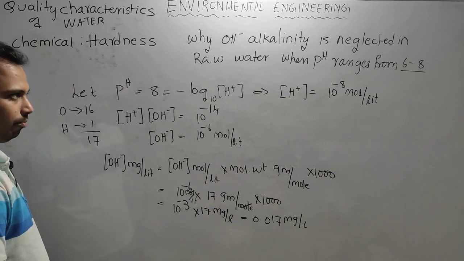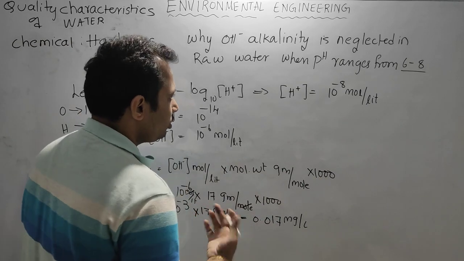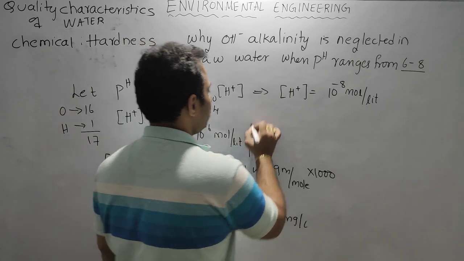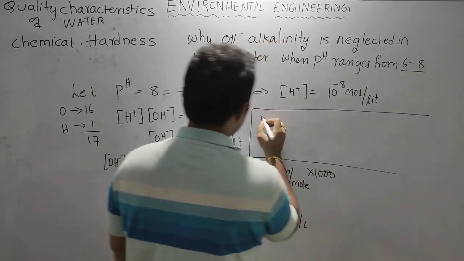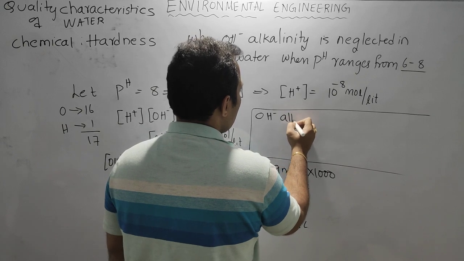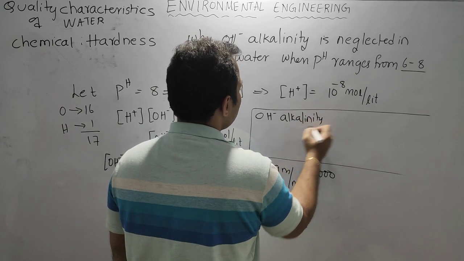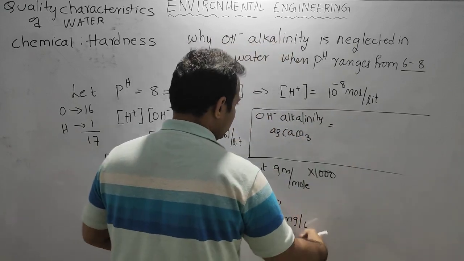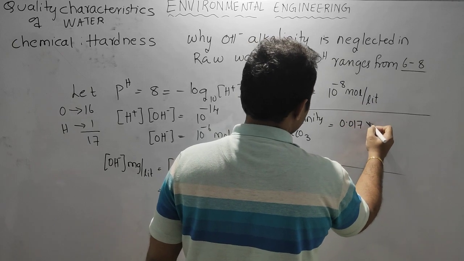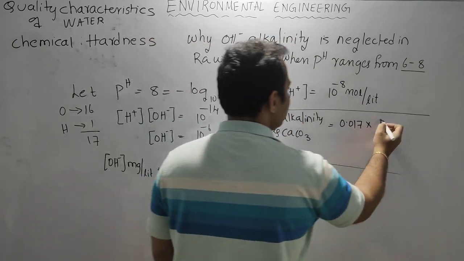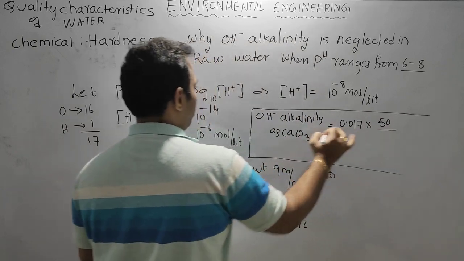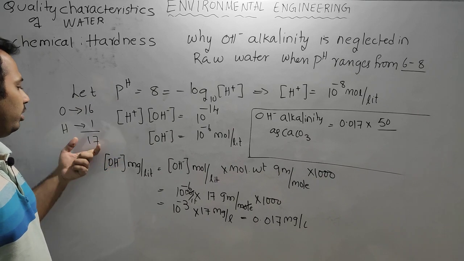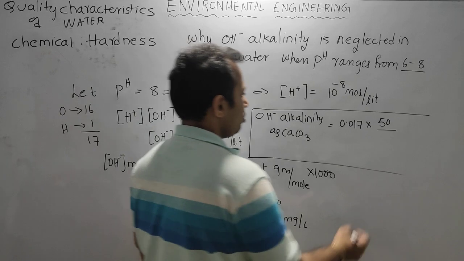Now if I convert this in terms of CaCO3, since this is in terms of OH minus, converting this into terms of CaCO3, the caustic alkalinity, OH minus alkalinity as CaCO3, is equal to the concentration of X, 0.017, multiplied by the equivalent weight of Y, that is 50, divided by the equivalent weight of X. The molecular weight of OH minus is 17 and the charge is 1, so the equivalent weight is also 17.